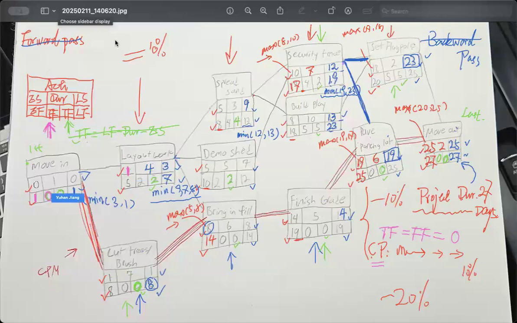Now we're looking for the next one here. We know its early finish time is 8. The early start time for the next one is 8, so you're getting 0 here.